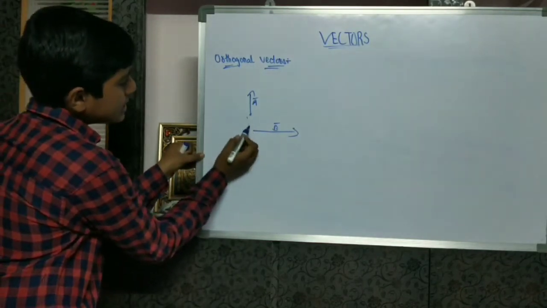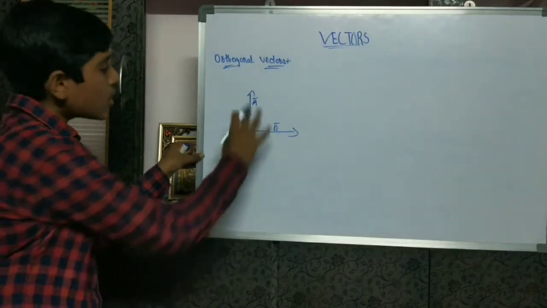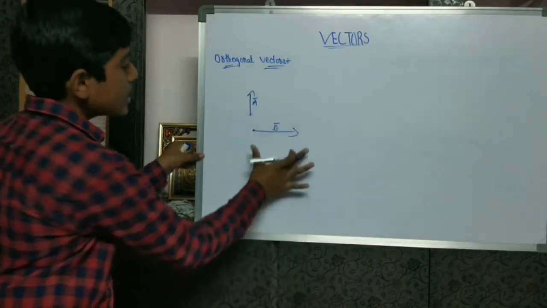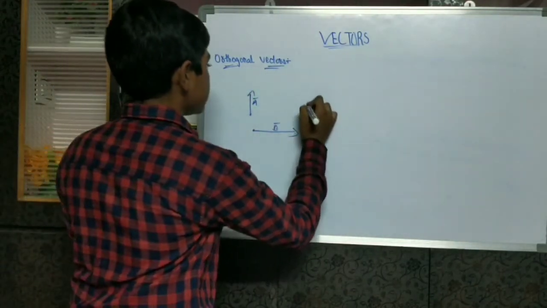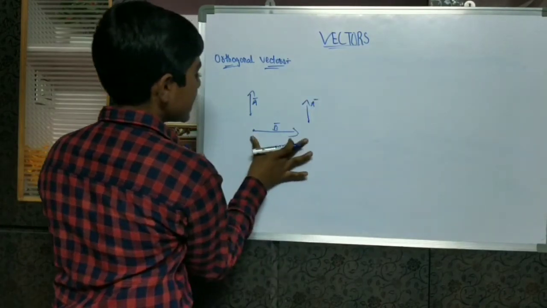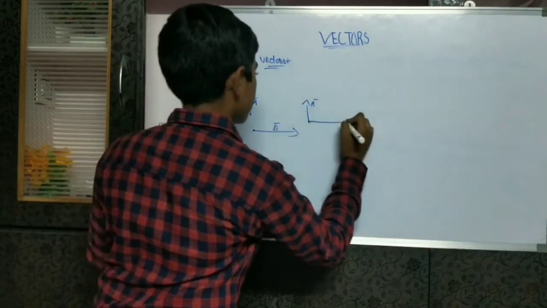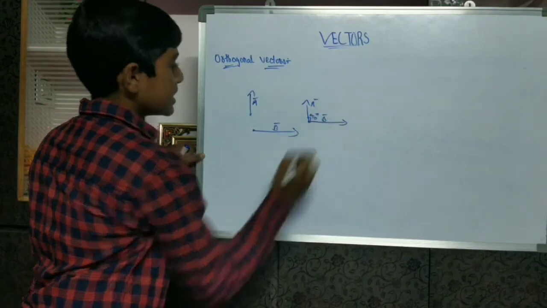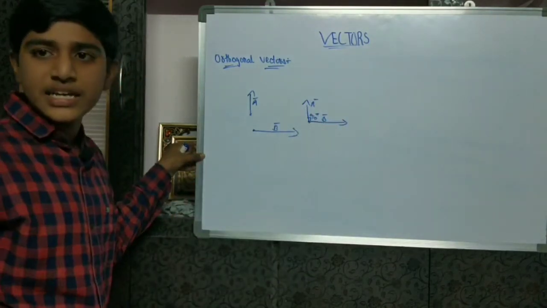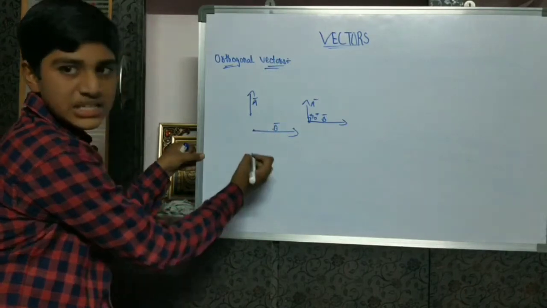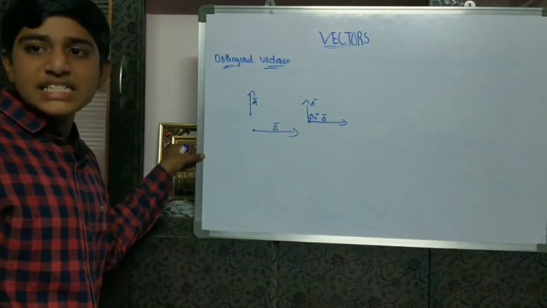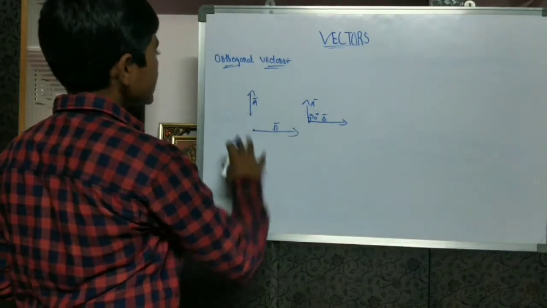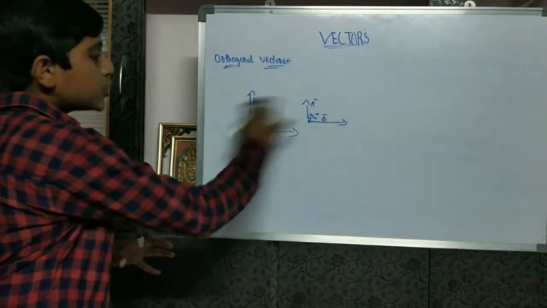They are not attached, but in vectors we can attach them while keeping the same direction. So we can bring this b bar to here, and this is 90 degrees. The angle between these two vectors is 90 degrees. When the two tails are attached, we can easily find the angle between them.